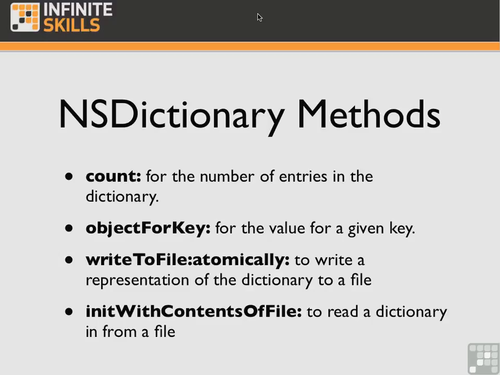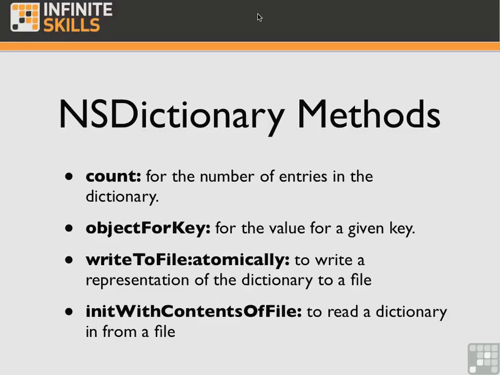Both the key and the value must be objects. So each entry consists of one object, that is the key, and that's usually an NSString, and a second object that is the key's value, which can be anything, but in a property list must be a property list object. And within a dictionary, the keys are unique. You use a key to look up the corresponding value.